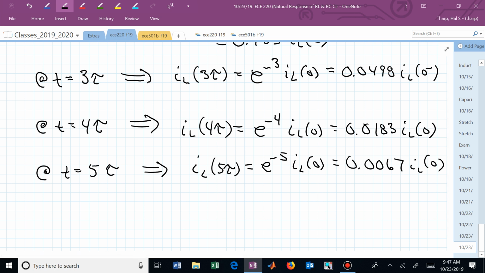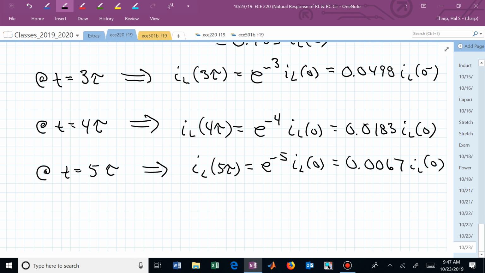That's why we say, oh, in 5 time constants, we've reached infinity. Why? Because we're less than 1% of where we started, and that's close enough. So now when somebody says, what's happening at infinity? All you have to do is move 5 time constants out into your functional form and say, we're there. So that would be half a second if our time constant was 0.1. Half a second is all we would have to wait.